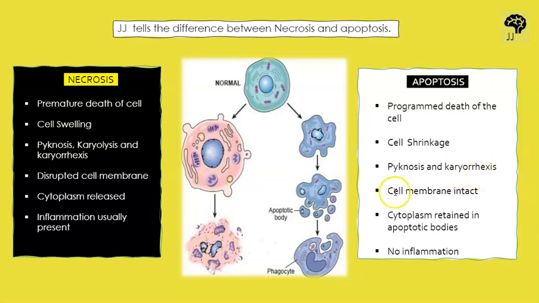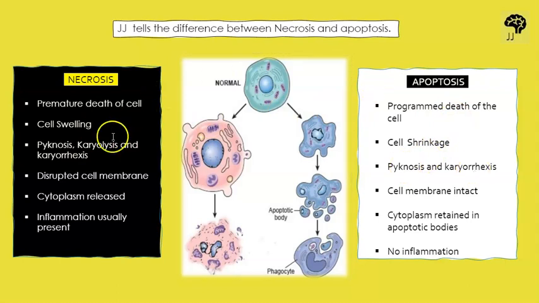So in apoptosis, pycnosis and karyorrhexis occur, whereas in necrosis, pycnosis and karyorrhexis occur, and along with that karyolysis also occurs. What is karyolysis? Karyolysis means the chromatin is dissolved. The chromatin content is now dissolved. So in necrosis there are three things, whereas in apoptosis there are just two.